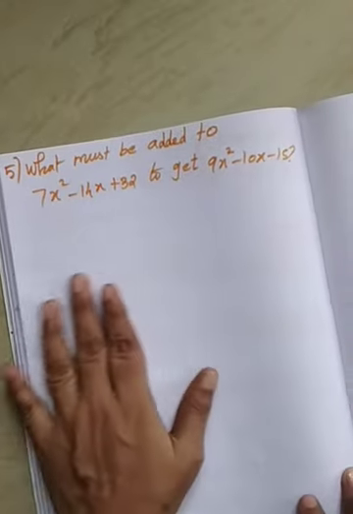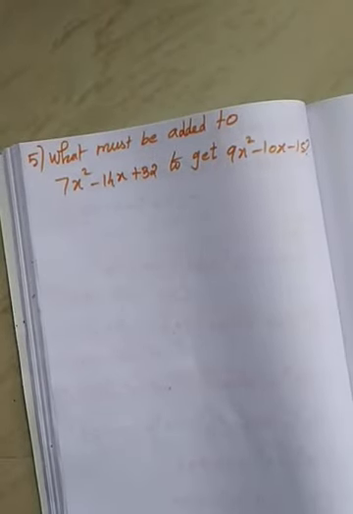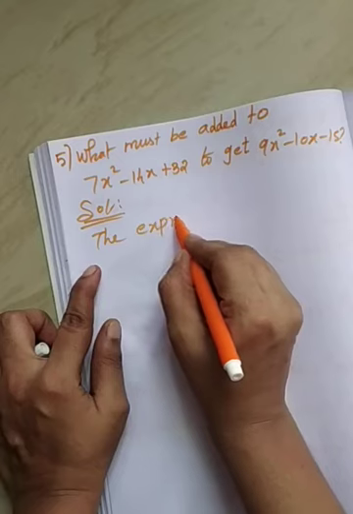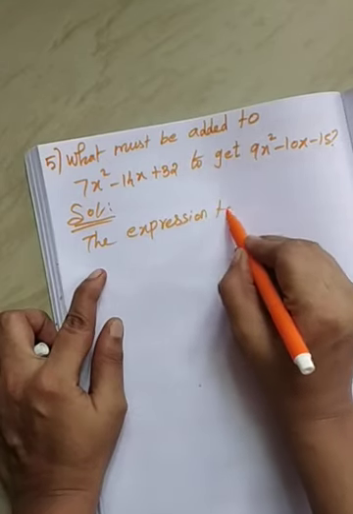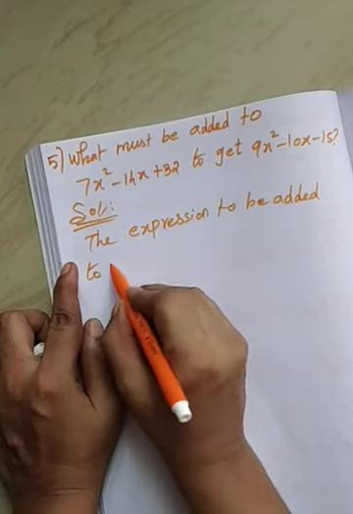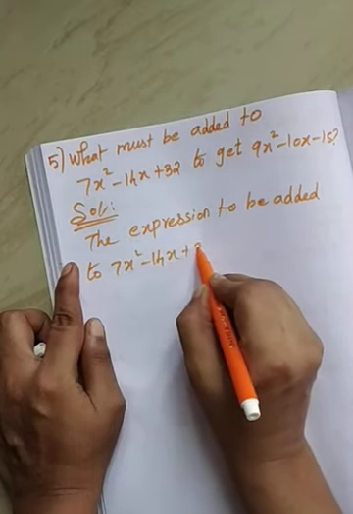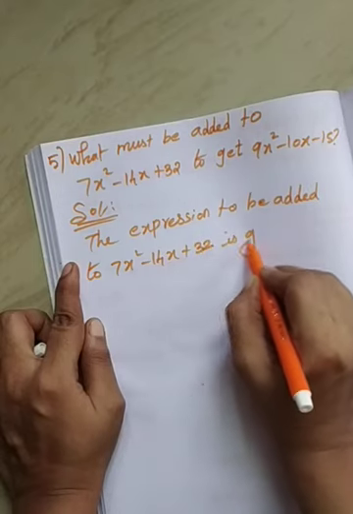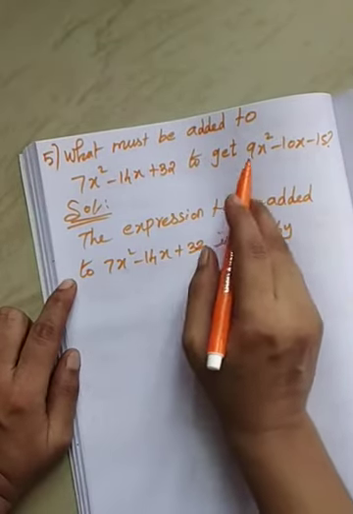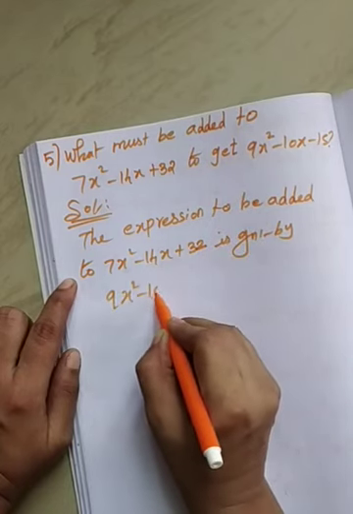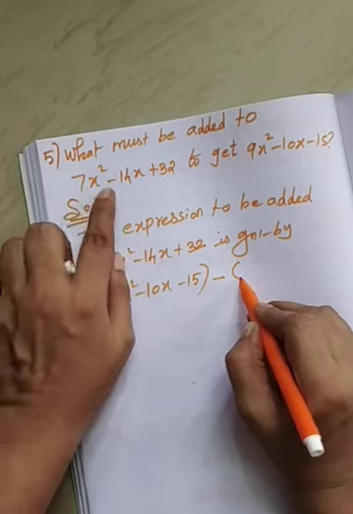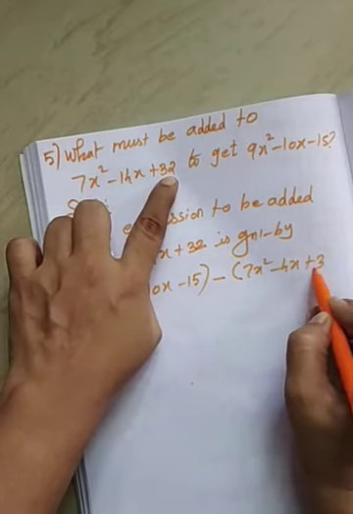See how can you solve that one? First, the expression to be added to this term 7x squared minus 14x plus 32 is given by: first of all you have to write 9x squared minus 10x minus 15 minus of 7x squared minus 14x plus 32.